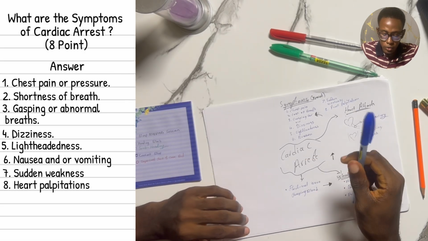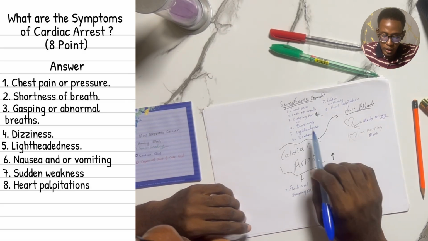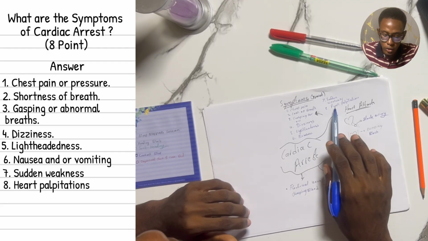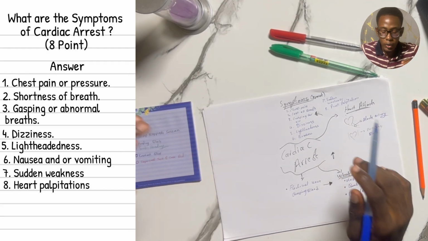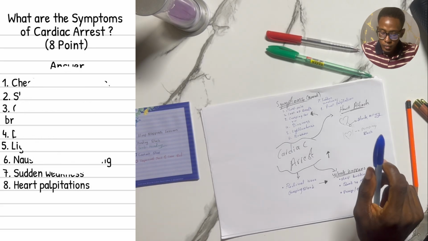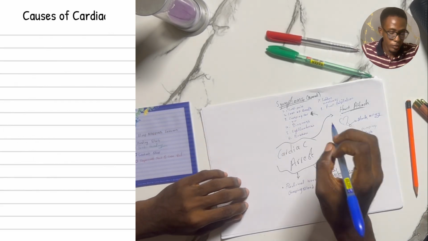So symptoms we have chest pain, loss of breath, gasping for air, dizziness, lightheadedness, nausea, sudden weakness, and heart palpitation. Next question.